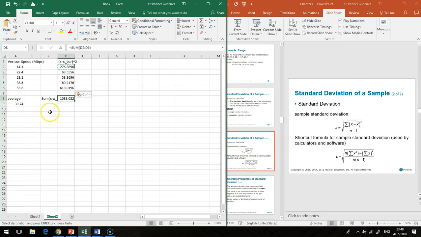So I will copy that and paste it all the way down here. This gives us our sum here, and S will simply equal the square root, SQRT, of this number divided by n minus 1. n is 1, 2, 3, 4, 5. 5 minus 1 is 4.